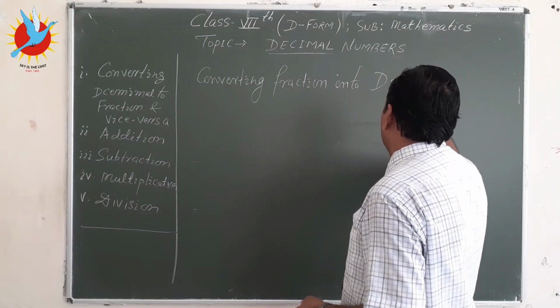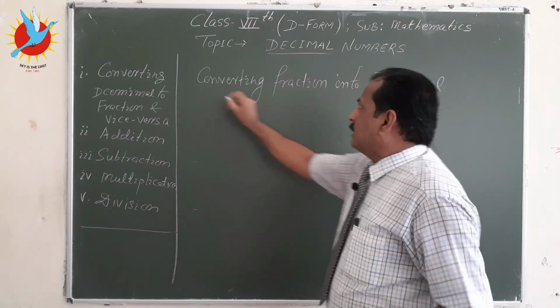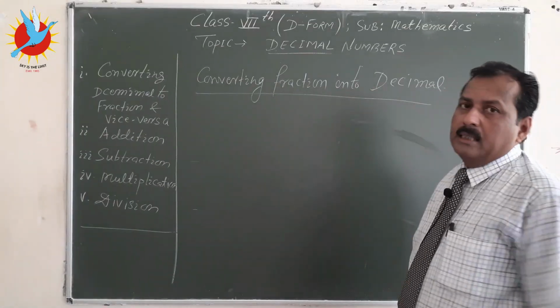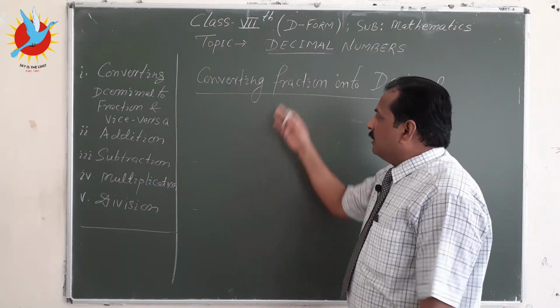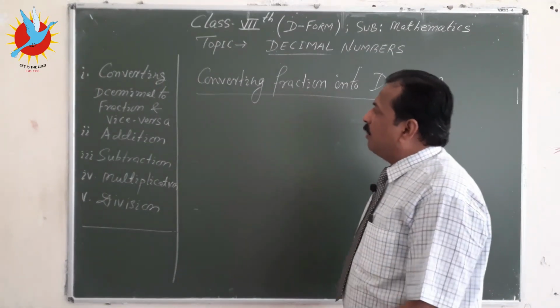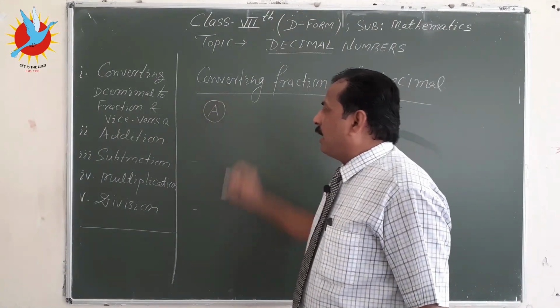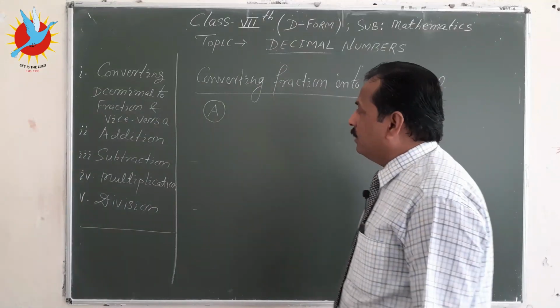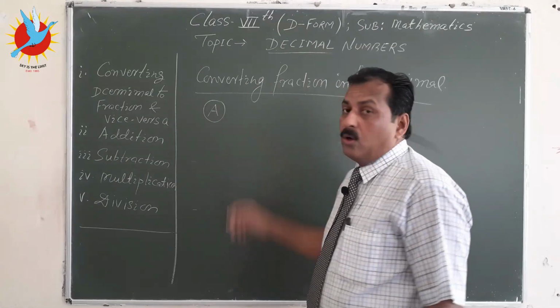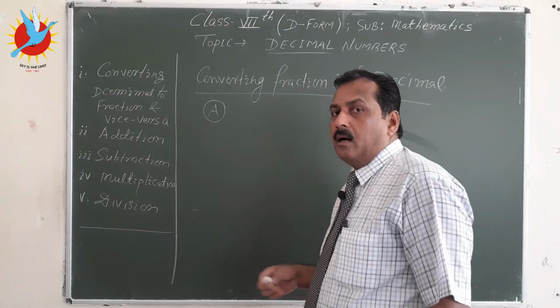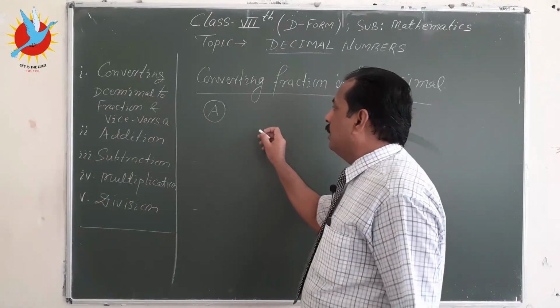So we are discussing how to convert a fraction into a decimal. We shall divide this point in two parts. First, we shall take up those fractions in which denominators are 10 or multiples of 10, meaning 10, 100, 1000, like that.